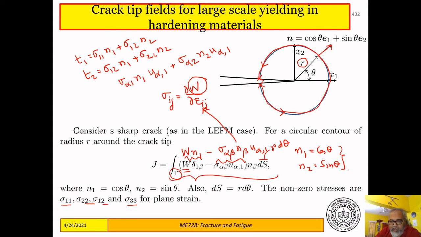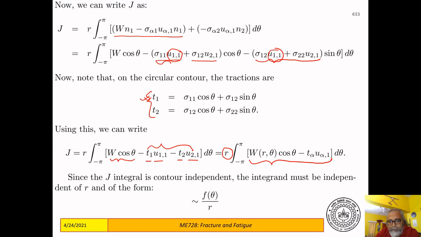So now the argument goes like this. This r has come out of the integral, and we know that J is contour independent over this minus pi to pi contour. It should not depend on r.